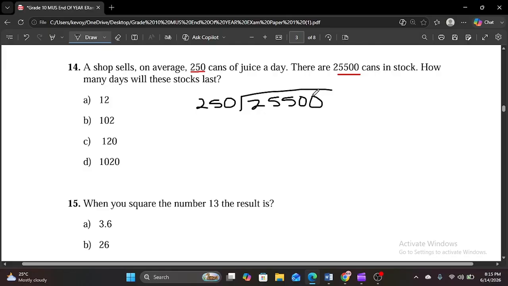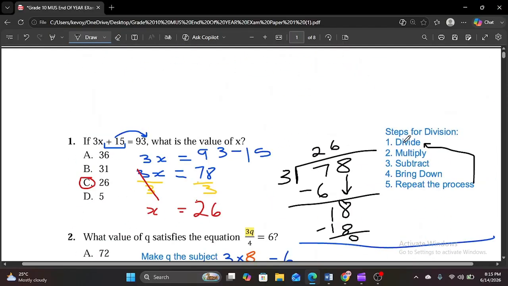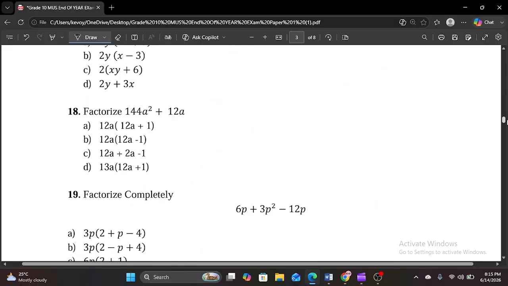All right. So do you remember the steps for division? So the first step is to what? Divide. Remember it? So the steps are divide, then multiply, subtract, bring down, and repeat. All right. So we're going to be using these steps to divide.